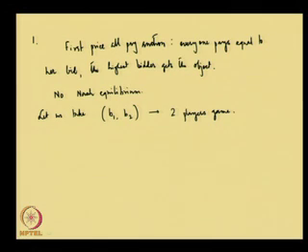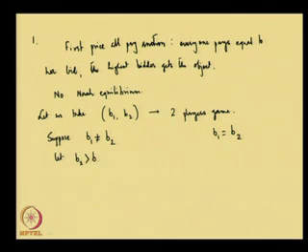Can there be a Nash equilibrium? Suppose the bids are such that B1 is not equal to B2. So, this is case 1, and there could be a case 2 where B1 is equal to B2. And suppose when B1 is not equal to B2, let B2 be greater than B1.